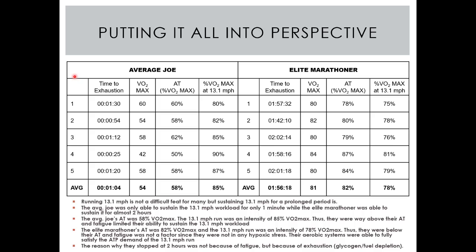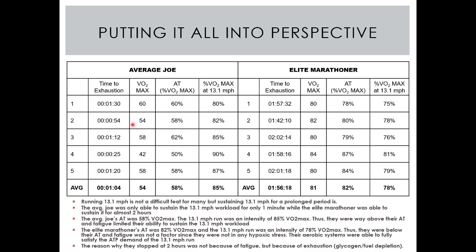Let's take a look at the aerobic measures from the other exercise lab tests and compare between the groups. First, the average Joe. Let's look at their VO2 max, which again is maximum oxygen consumption rate and is a quantification of aerobic capacity, which is the maximum ATP producing capacity of the aerobic system. For the average Joes, subject 1 had a VO2 max of 60 milliliters of oxygen per kilogram of body weight per minute.